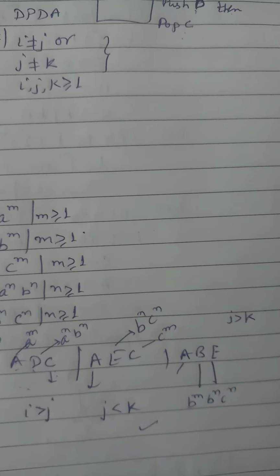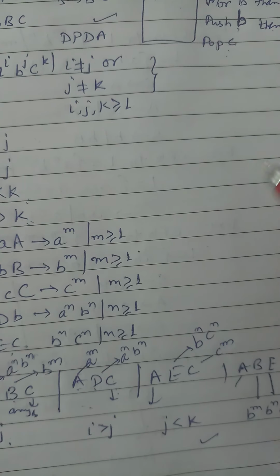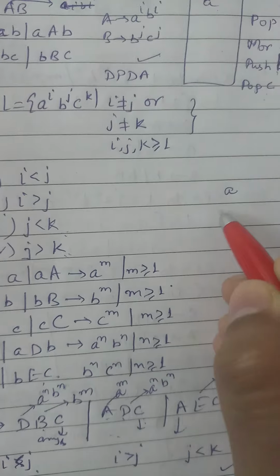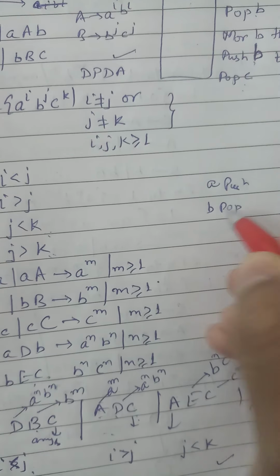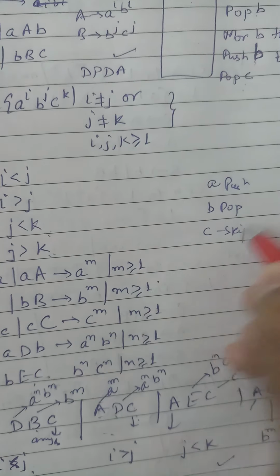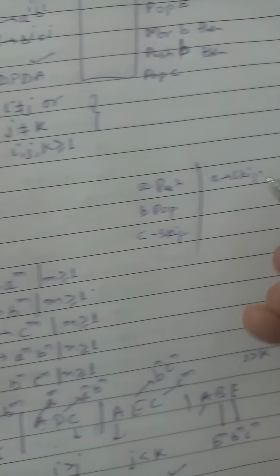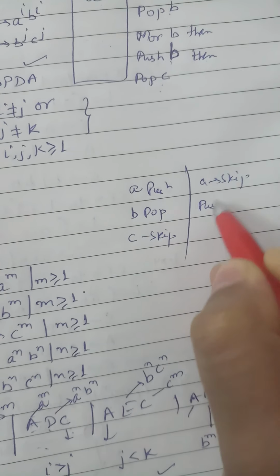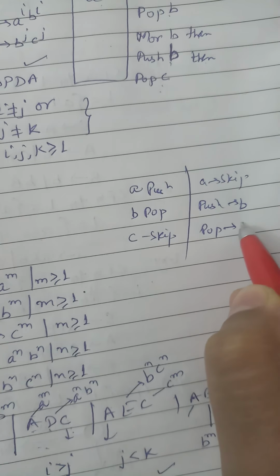And simply, as we don't know where we are heading, and we don't know how many we need to push A and pop B, or we need to skip C, or in a similar way we should skip A or push B or pop C, like this.